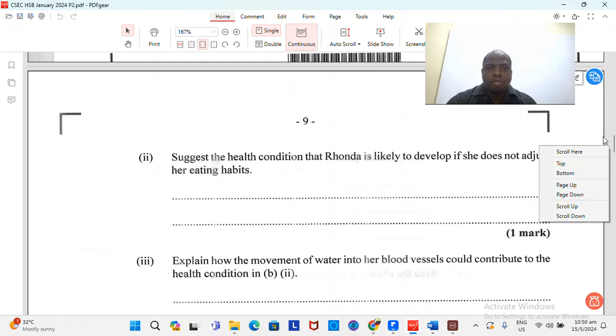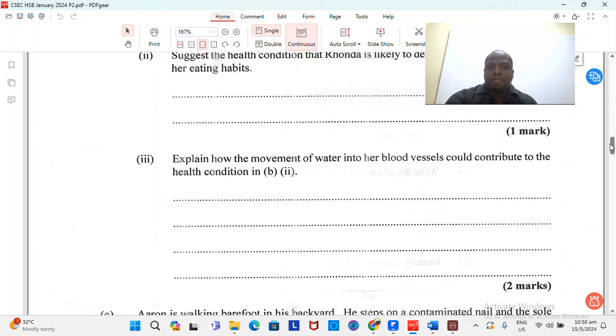And so really and truly, we explained the concept of the movement of the water, what would have contributed to the health condition. Because the water is moving from the cells into the capillaries, the blood vessels, this increase in volume of blood is going to cause high blood pressure.